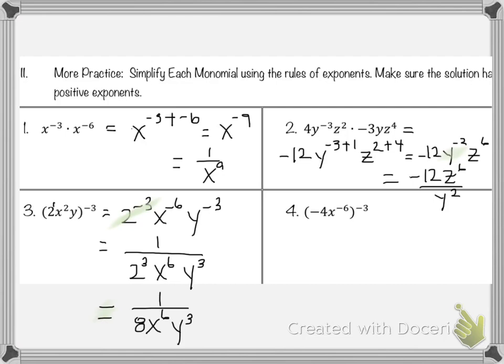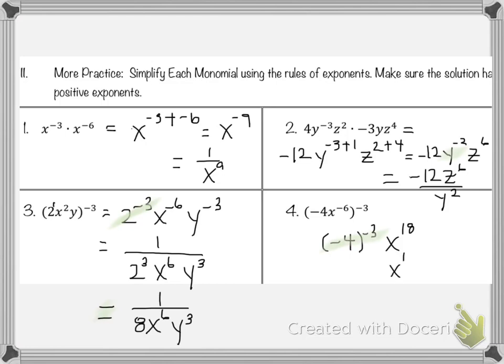All right, for this one here, I'm going to have a negative 4 raised to the negative 3rd power, x to the negative 6 times negative 3, which is a positive 18. So I'm going to move this whole thing to the denominator.